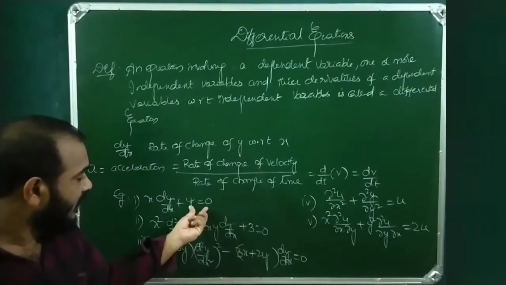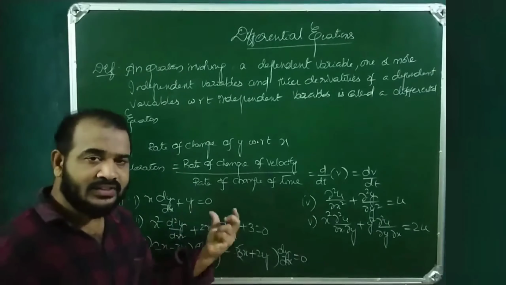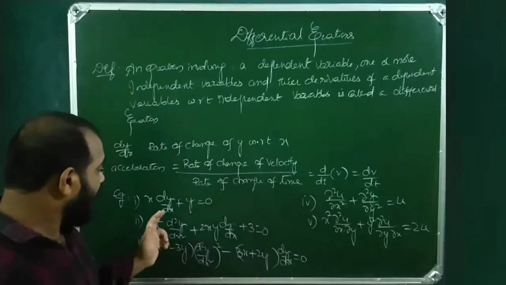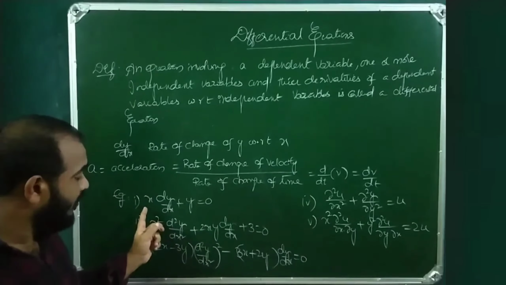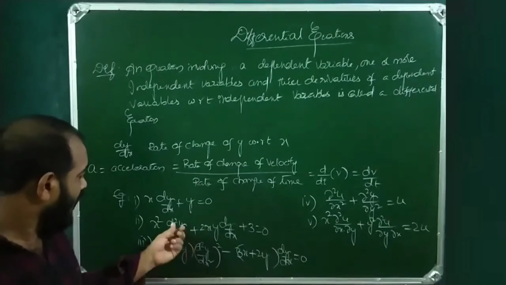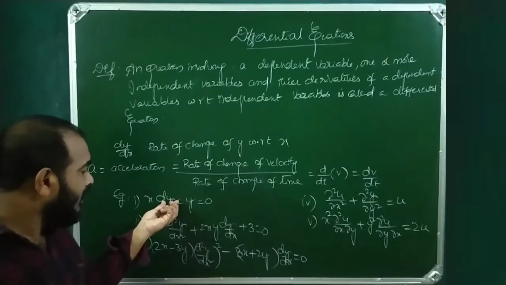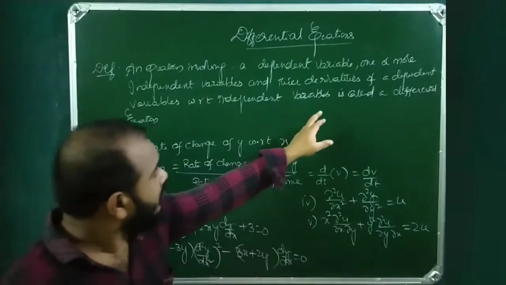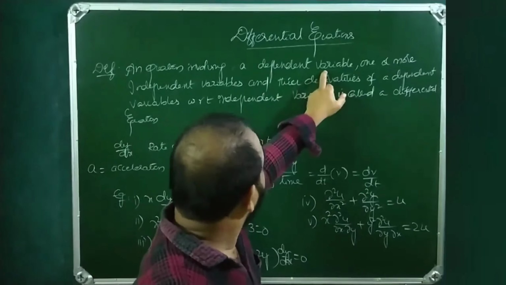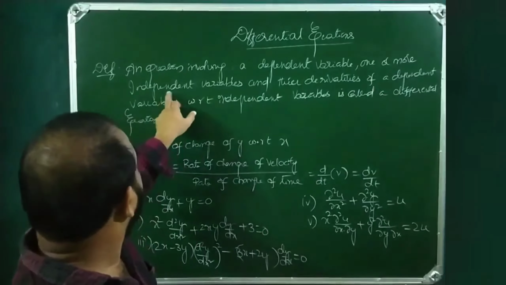In everything the equals symbol is there, that means it is an equation first of all, and everything is in terms of the variables x and y. Here y is the dependent variable and x is the independent variable.